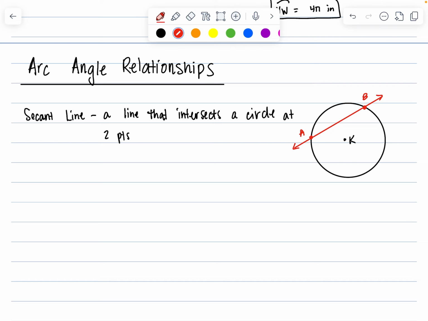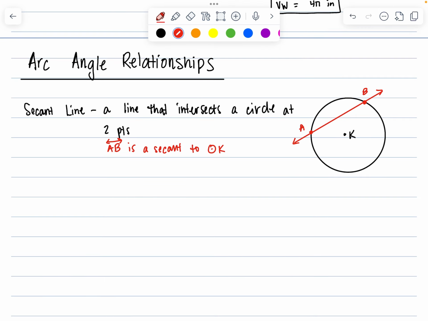So we could here say AB is secant to circle K.